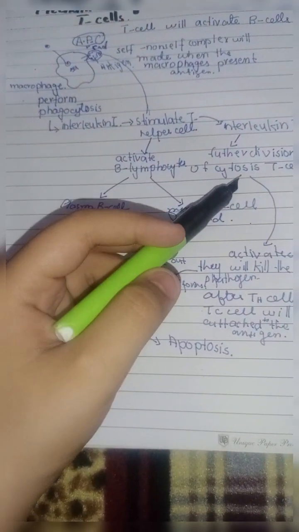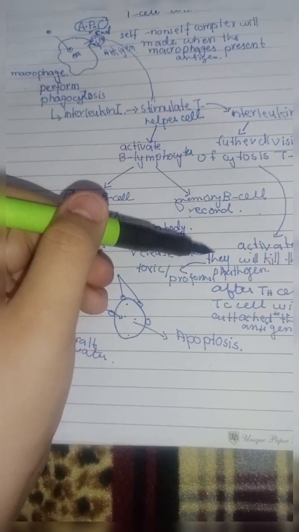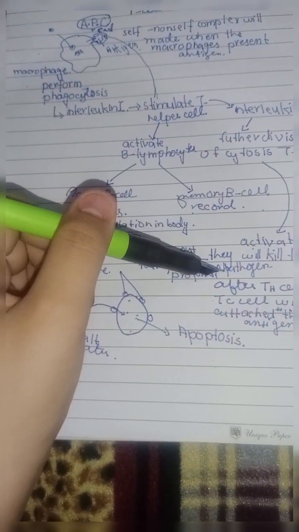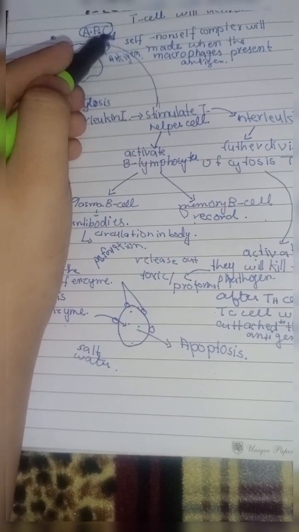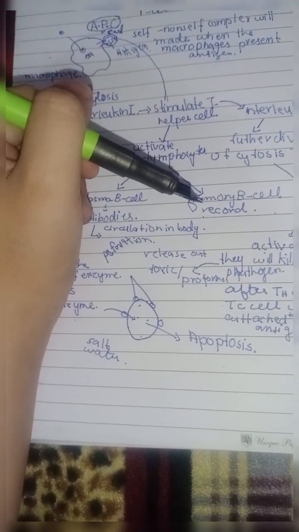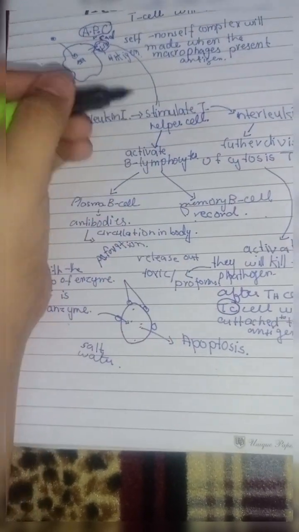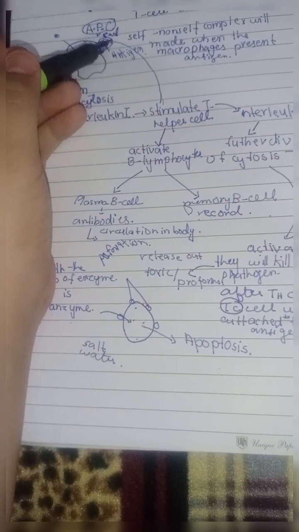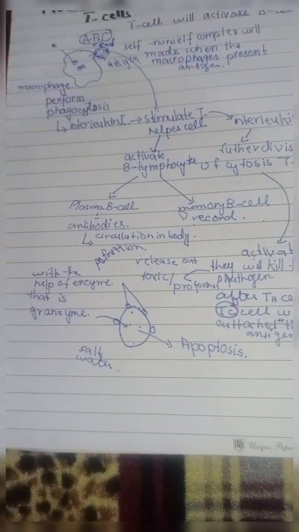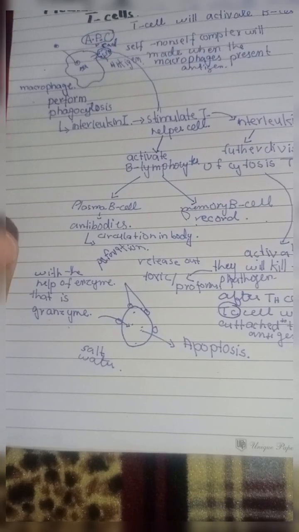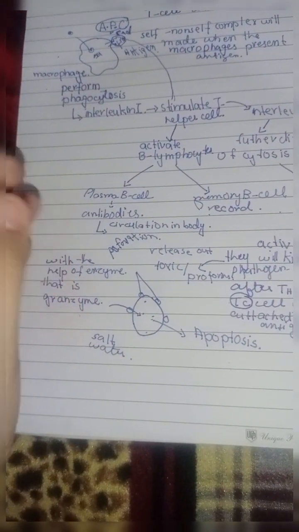Now the cytotoxic T cell is activated, so they will kill the pathogen. After the T helper cell went and read this, the cytotoxic T cell will move there and attach to the antigen. After attaching, they will release some type of toxin or perforin and chemicals.